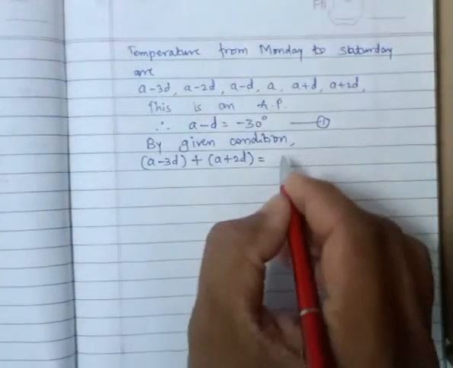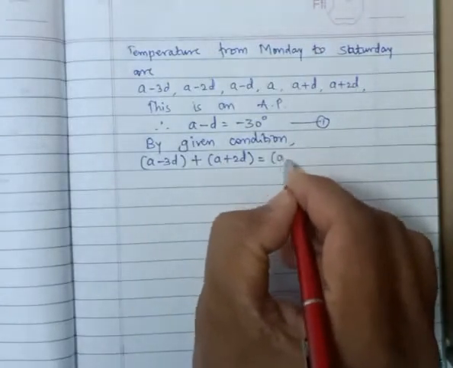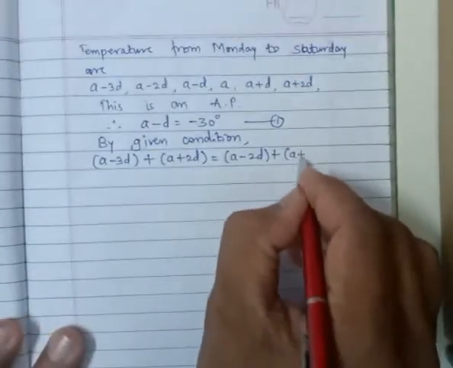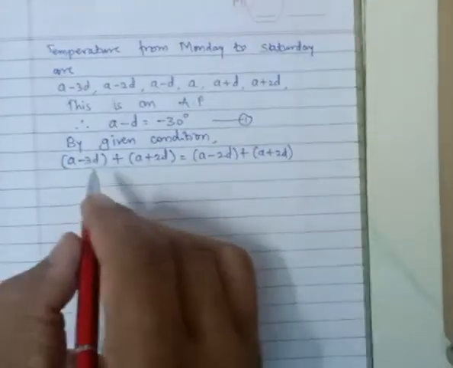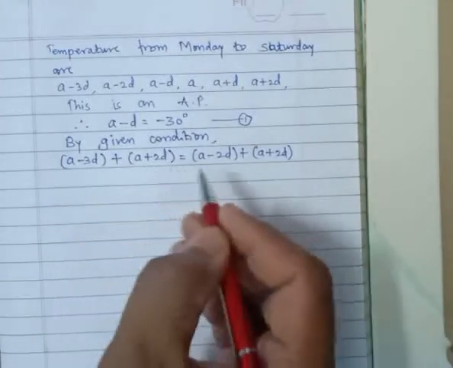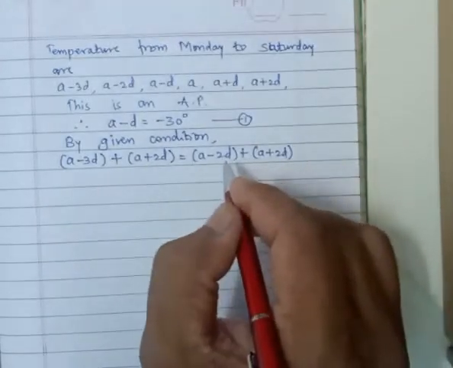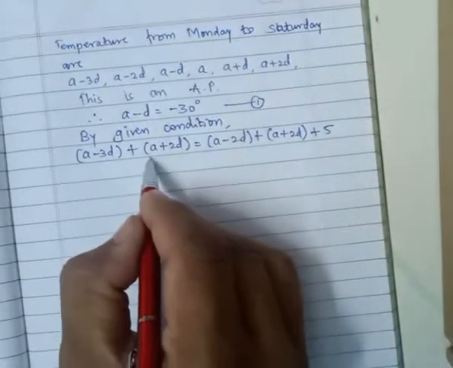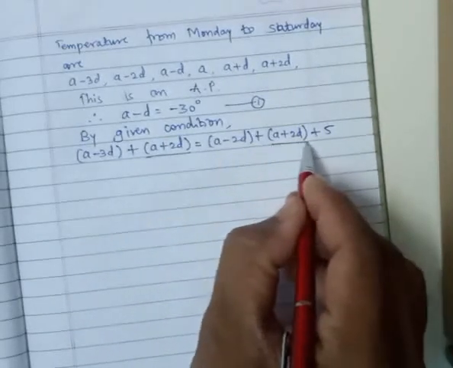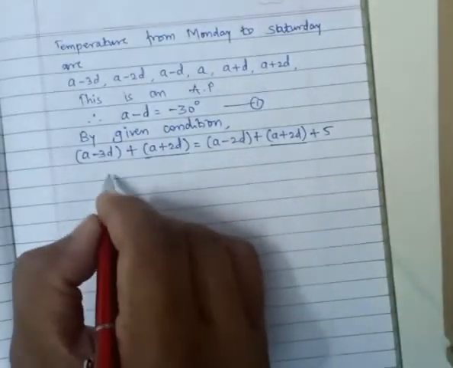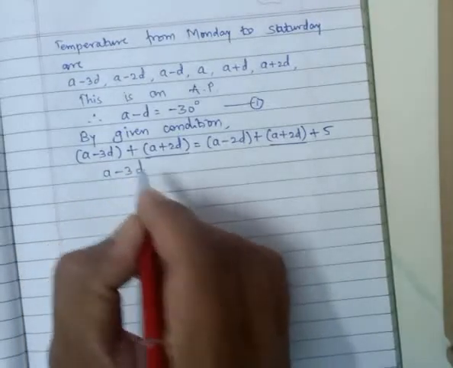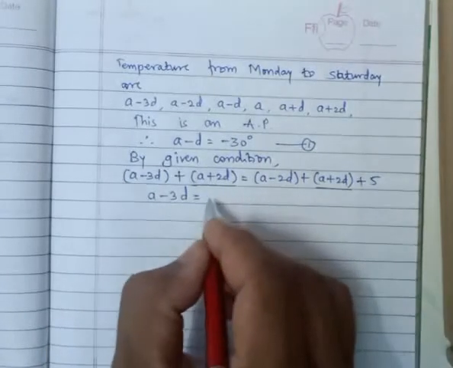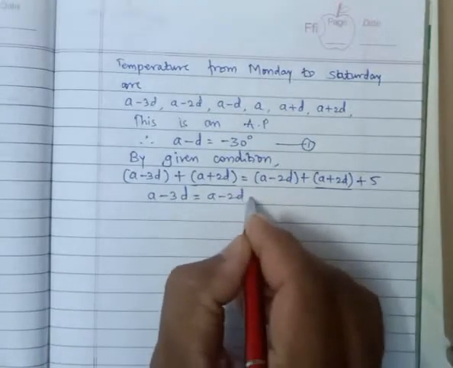By the given condition, Monday's temperature is A minus 3D and Saturday's temperature is A plus 2D, and this sum is 5 more than the sum of Tuesday's temperature A minus 2D plus Saturday's temperature A plus 2D. So A minus 3D plus A plus 2D equals A minus 2D plus A plus 2D plus 5. Here the term A plus 2D gets cancelled. Therefore, A minus 3D is equal to A minus 2D plus 5.